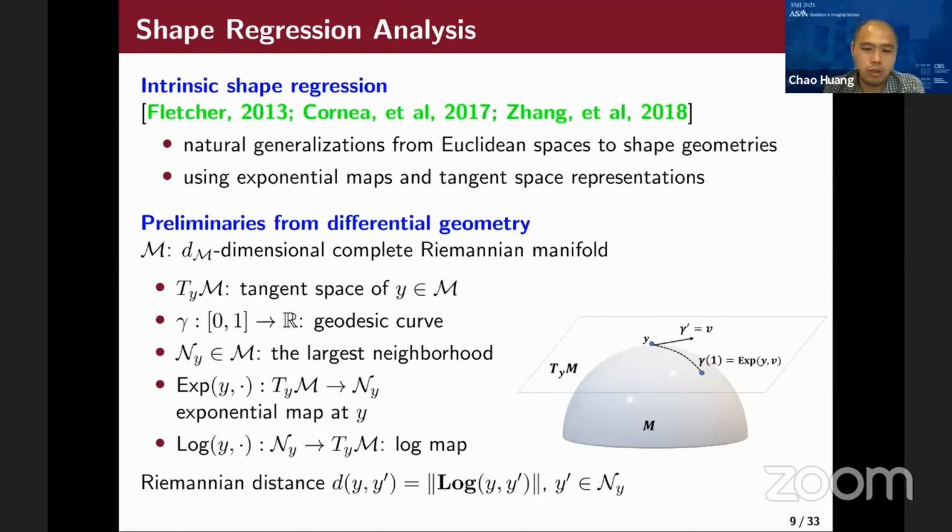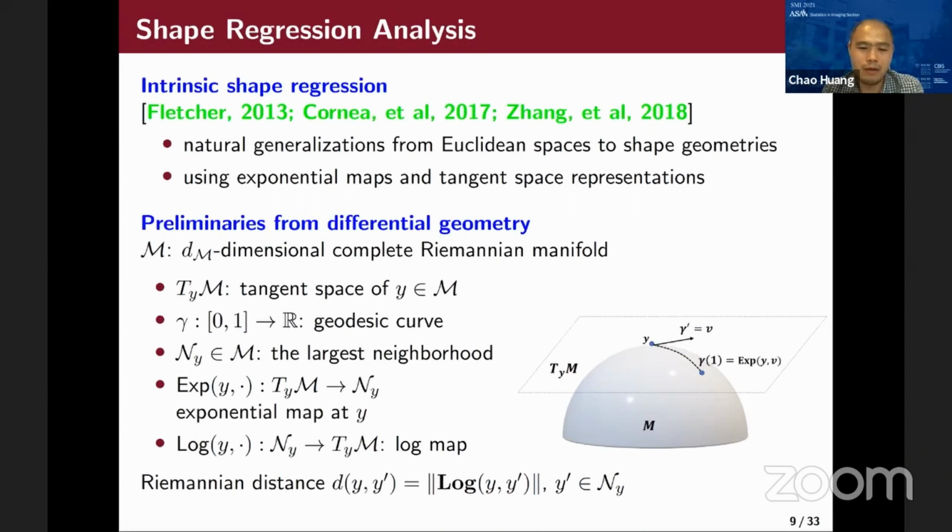We have a geodesic curve, which is defined from 0 to 1 into the manifold. We can also define the exponential map at Y, exp_Y, which is a map from the tangent space to the manifold.